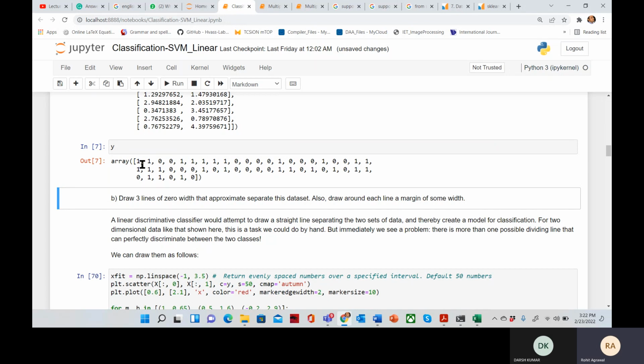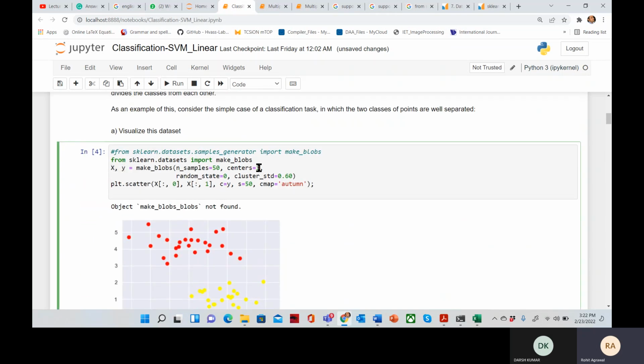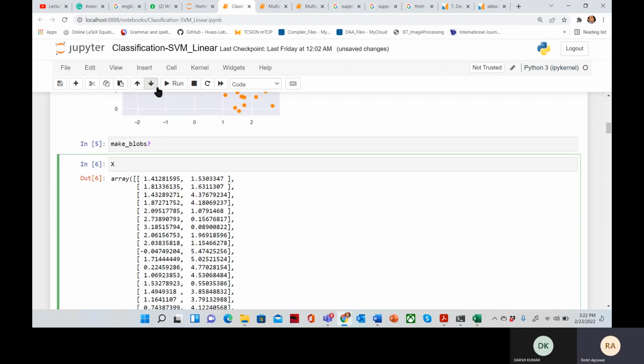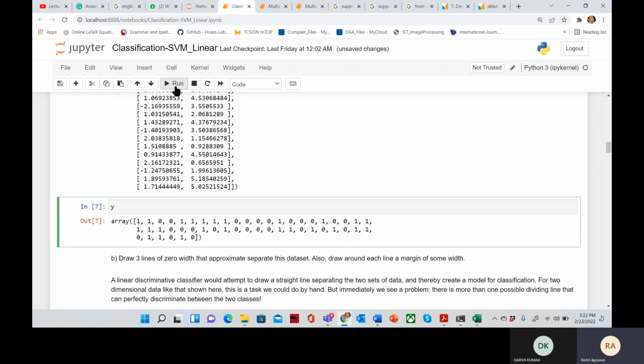Some of them fall in one class that has value 1, and some fall in the second class that has value 0. If I just change from 2 to 3, then what will happen? You can see here. It will have 3 classes. Can you see this? 0, 1, 2.